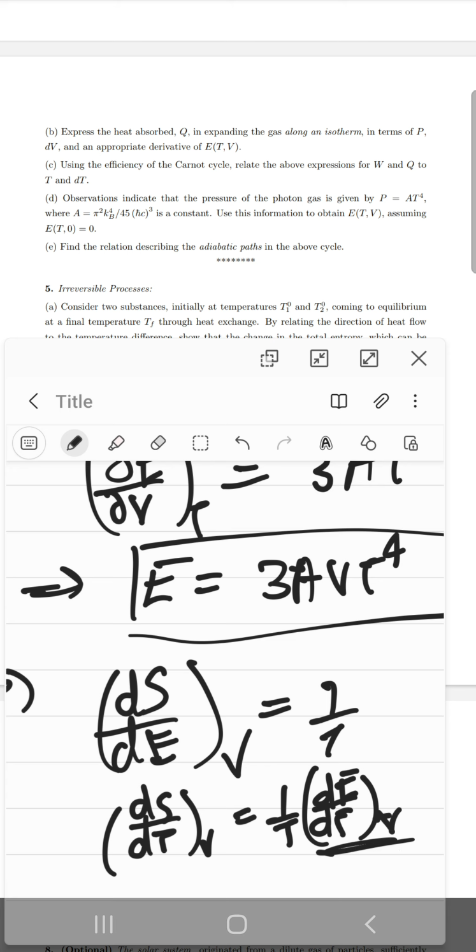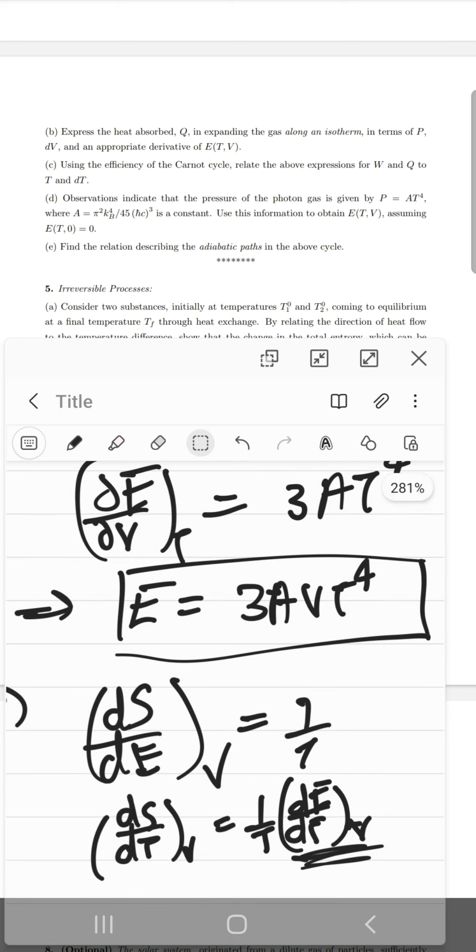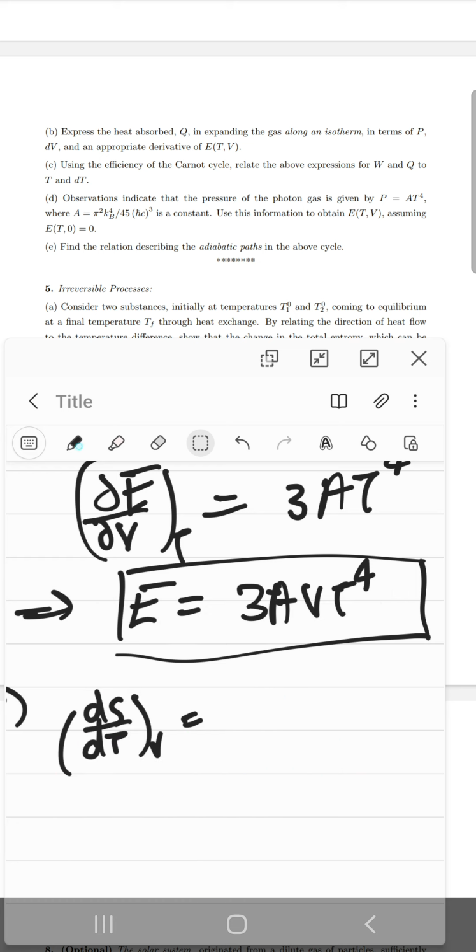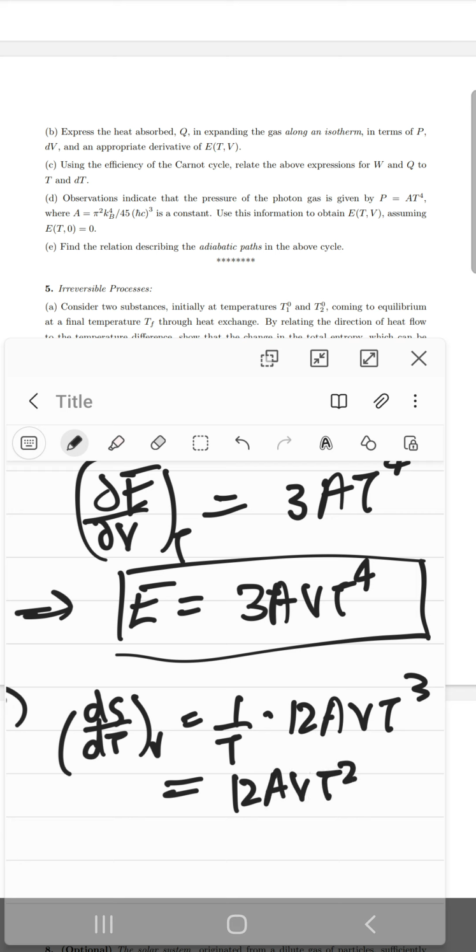But we know how to compute this. So we get 1/T and then the derivative of this, which is 12AV T^3, so that's just 12AV T^2. That's what ds/dT is.